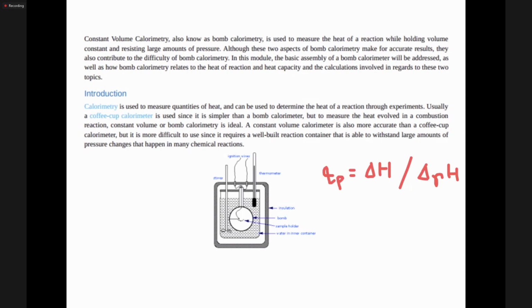For an exothermic reaction, heat will be evolved, so the system will lose heat to the surroundings. Therefore, if the system is losing heat to the surroundings, then QP will be less than 0 for an exothermic reaction.